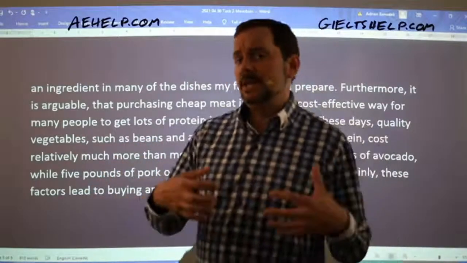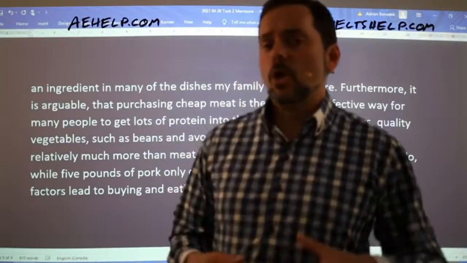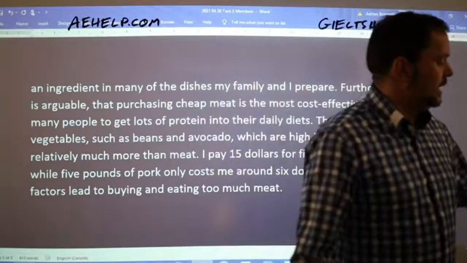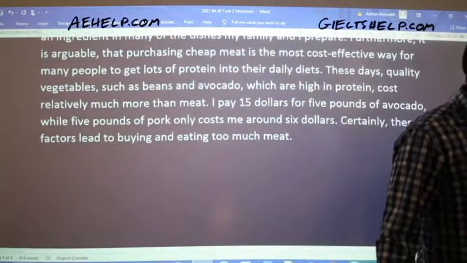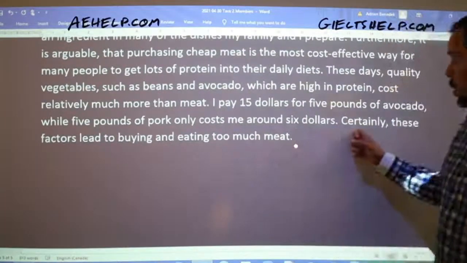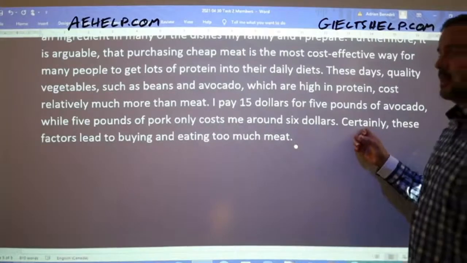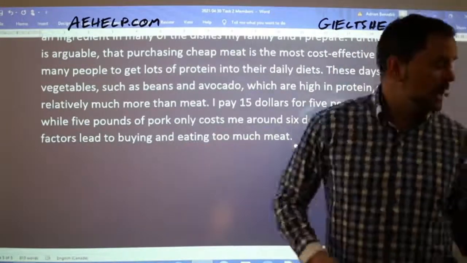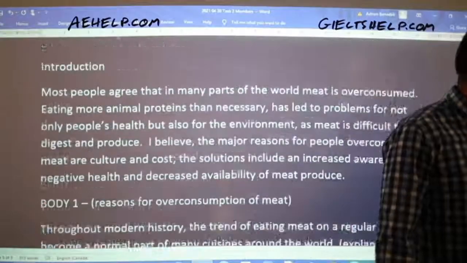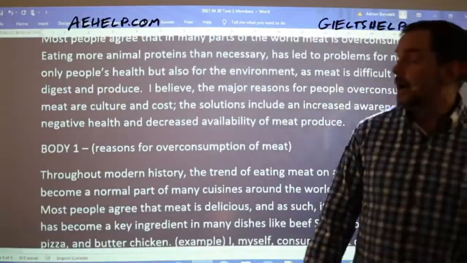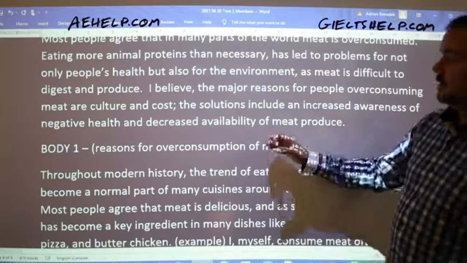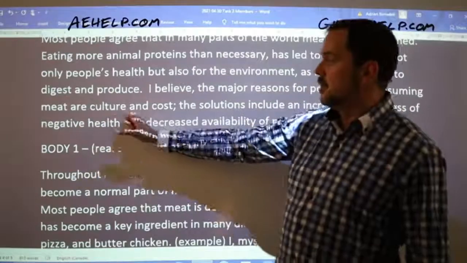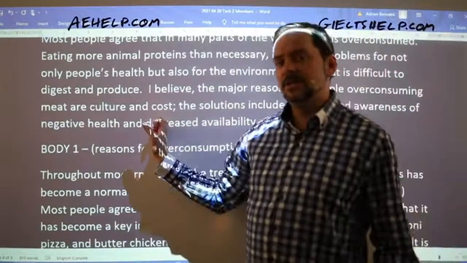So in this case, the main topic of the essay is overconsumption of meat, so eating too much meat. So when I connect and conclude this body paragraph, I think about that. So certainly these factors lead to buying and eating too much meat. Why? Because the whole time I'm keeping in mind my first point of my thesis. The major reasons for people over consuming meat are culture and cost. Okay, does that make sense?